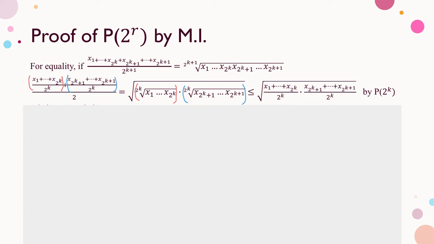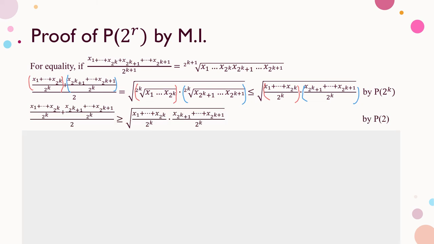According to the assumption P of 2 to the power k, this product is less than or equal to the product of the AM. On the other hand, for the sum of two terms, according to P of 2, we have this greater than or equal to the GM.